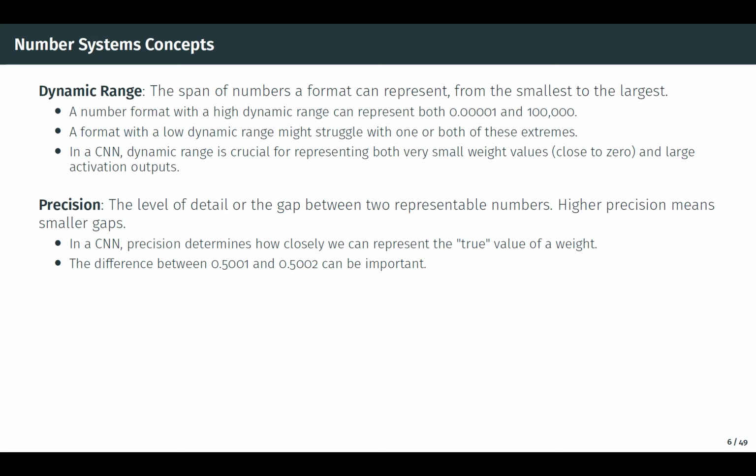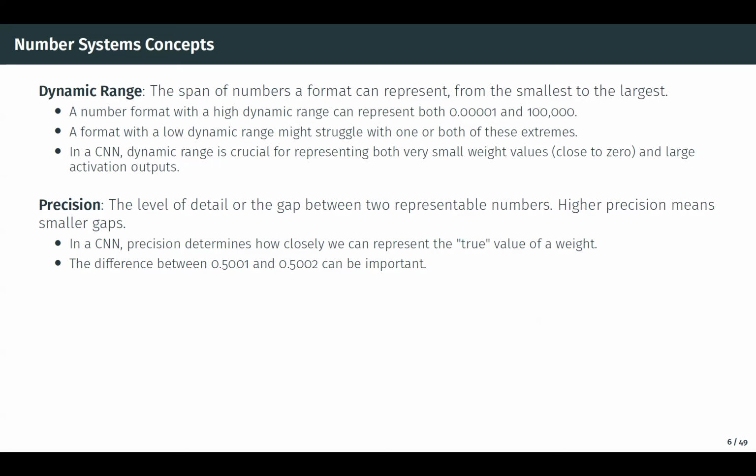You could represent numbers that are huge but not small, or the other way around. In a convolutional neural network, this dynamic range is crucial because some weight values are very close to 0, and somewhere in the architecture we may have large values. So sometimes we need a high dynamic range. Therefore, if we choose a number system with low dynamic range, we will lose accuracy.